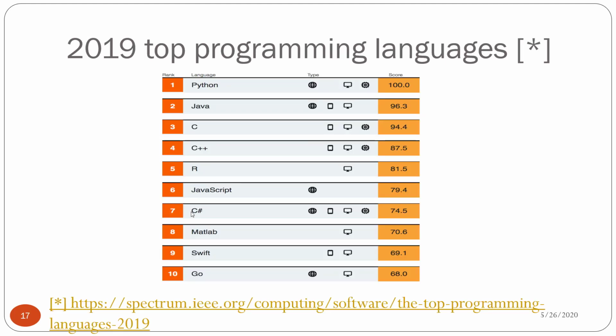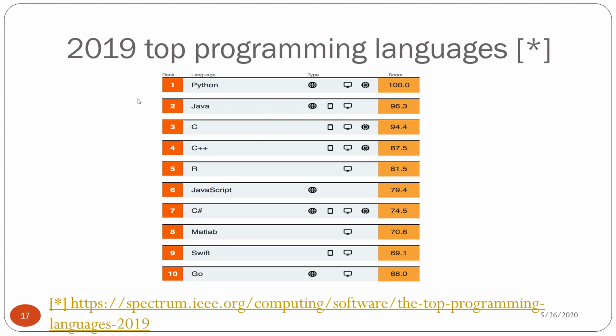Okay, so what do we have here? Well, another good news for Python. This is regarding the top programming languages in 2019, which was the most recent ranking that I could get, referenced from IEEE Spectrum. And here also you can see that Python is #1.